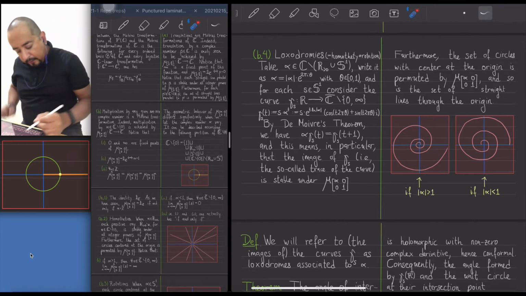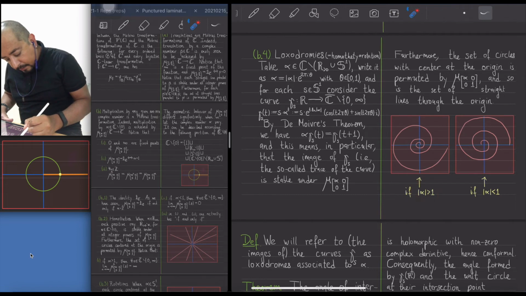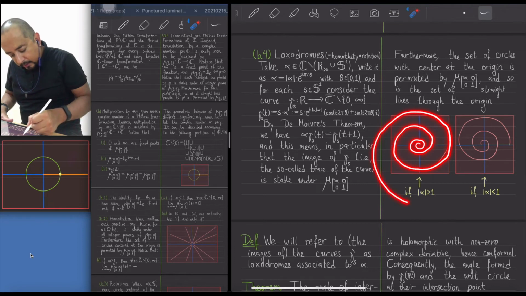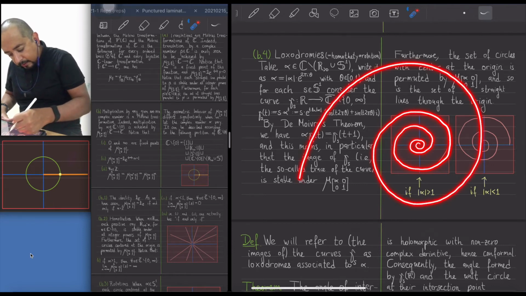You start revolving in the counterclockwise sense, and getting away from 0.